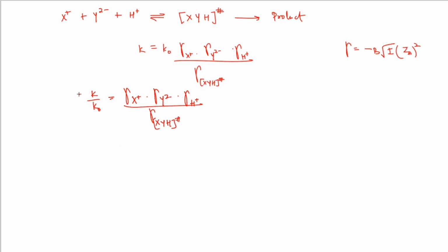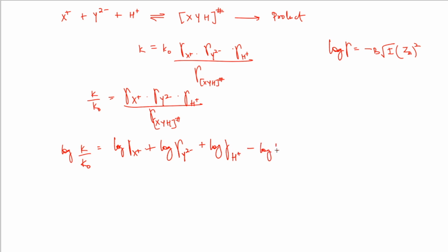Now if you take logarithmic, this will be log k upon k naught, and this can be written as log gamma x plus plus log gamma y2 minus plus log gamma h plus minus log gamma x y h hash, right? That's what you will be having.